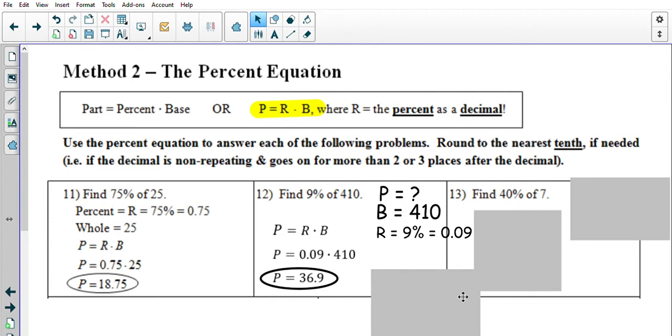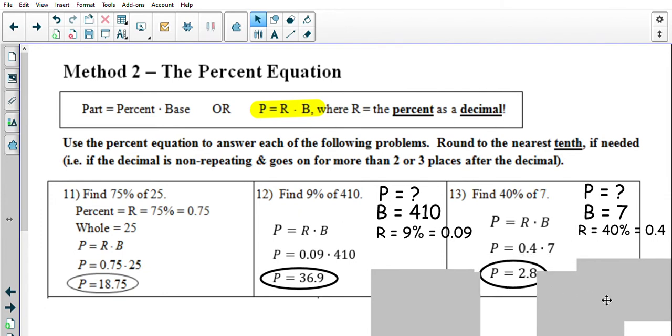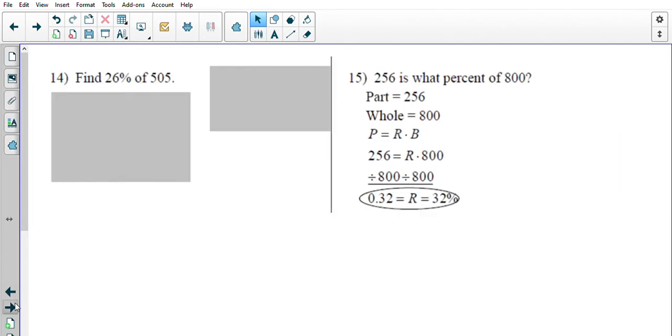Number 13, find 40% of 7. So my part is my unknown again. Our base is 7. R is 40%, which is 0.4. So for P equals R times B, we'll do 0.4 times 7, which will get us 2.8. All right, let's slide ahead to number 14. Same kind of question.